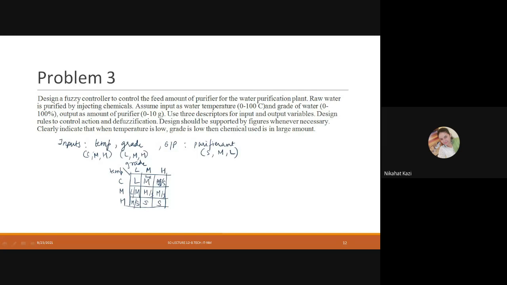Again, the same thing you could do, or you can say, since the grade of the water is very low, we will just keep this as M. Sorry, L. Are you getting it? LL. You could keep this as M, it is fine, but just using intuition here. So L, L, and then M. Okay.